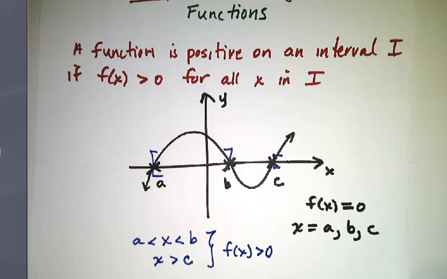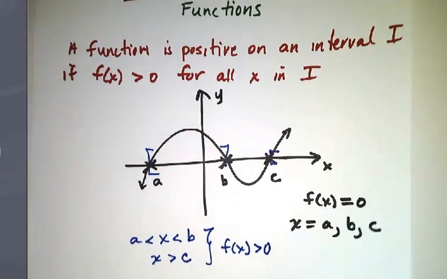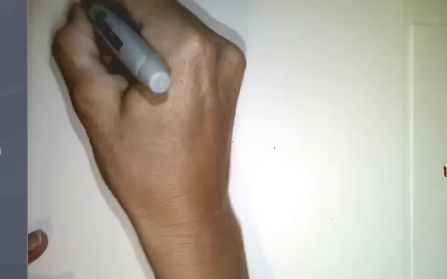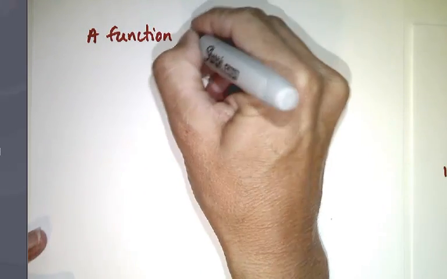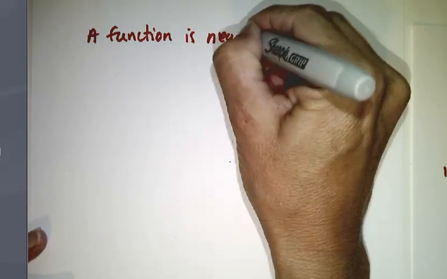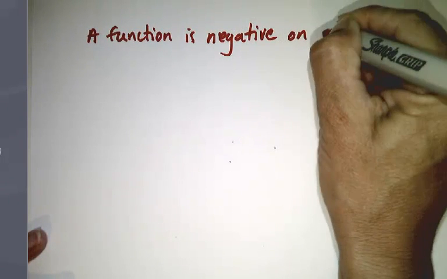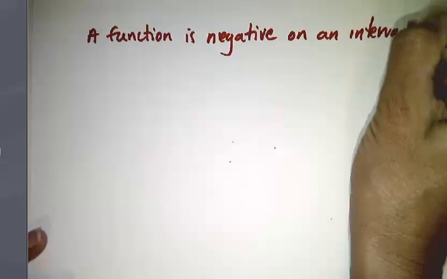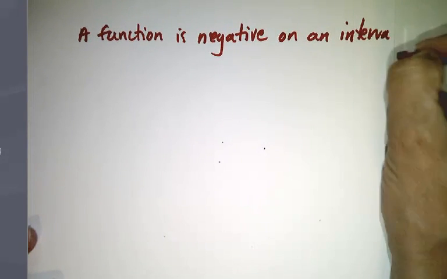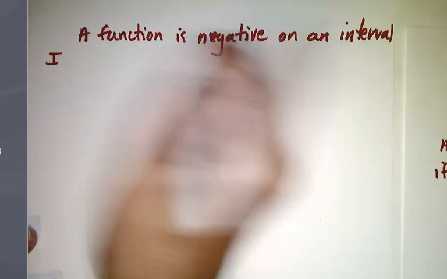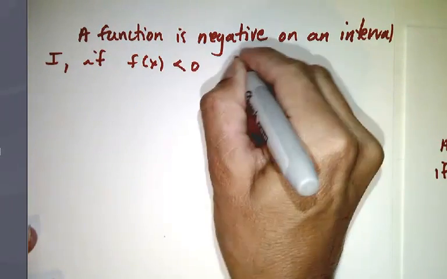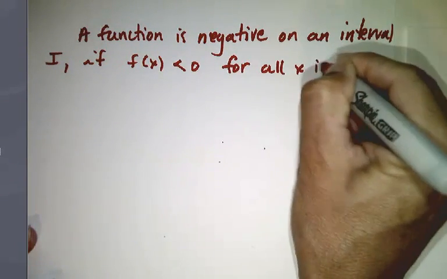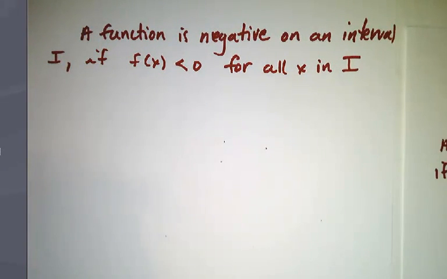Okay? So now I think you probably could interpret what it means for a function to be negative. Well, a function is negative on an interval I if f of x is less than 0 for all x in I. Okay?